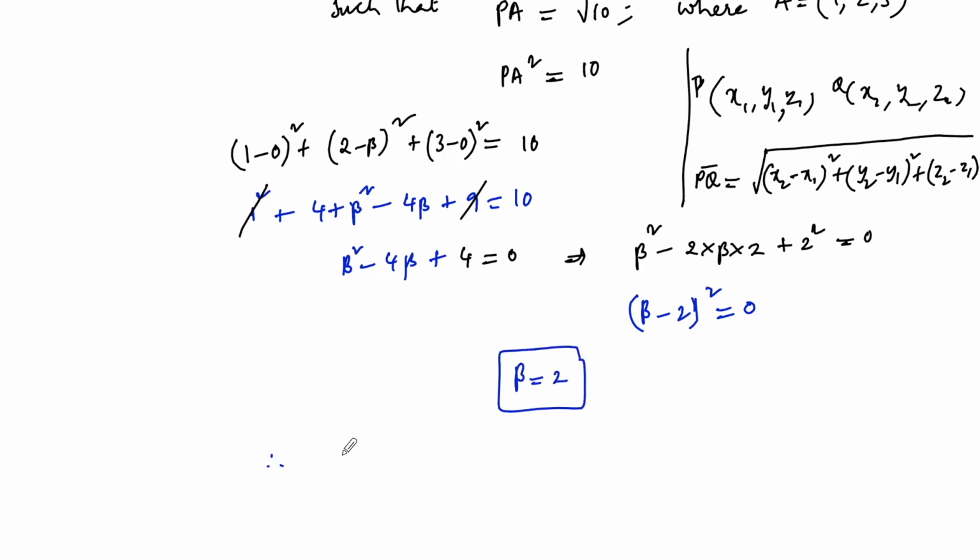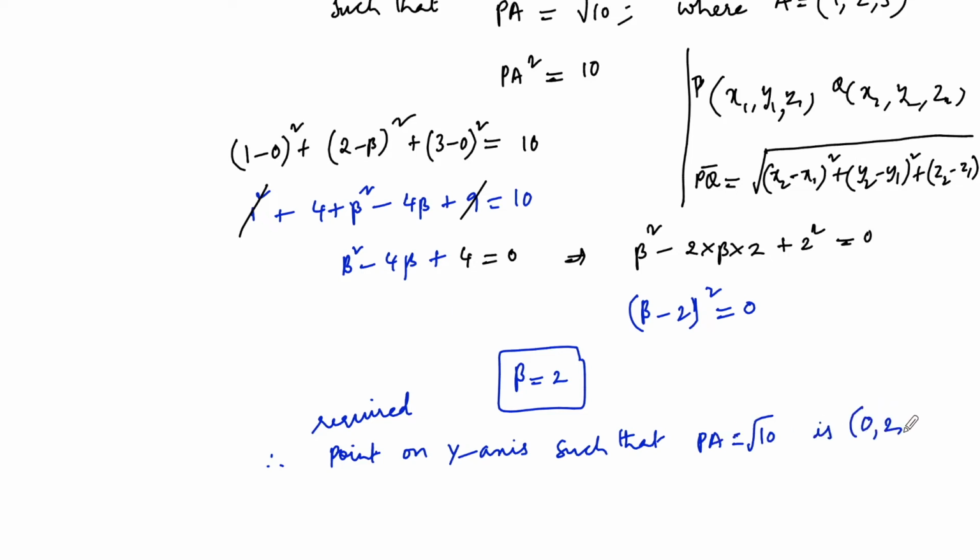Therefore, the required point on y-axis such that PA is equal to root 10 units is 0, 2, 0.